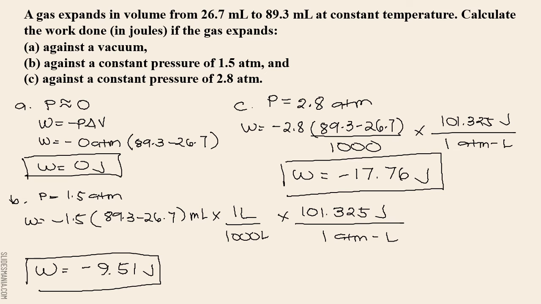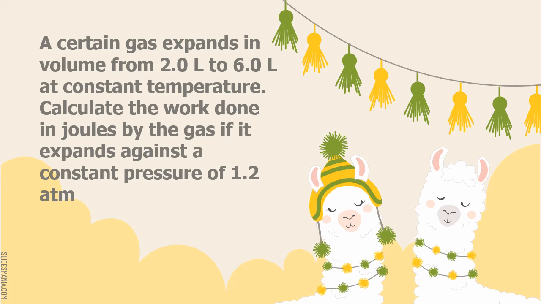Now, you try to calculate for this problem. A certain gas expands in volume from 2 liters to 6 liters at a constant temperature. Calculate the work done in joules by the gas if it expands against a constant pressure of 1.2 atm.